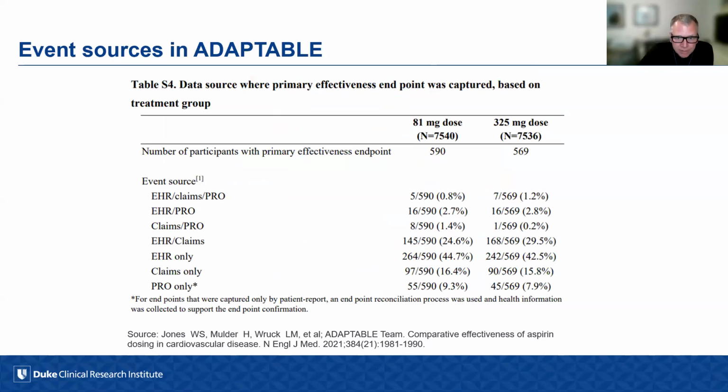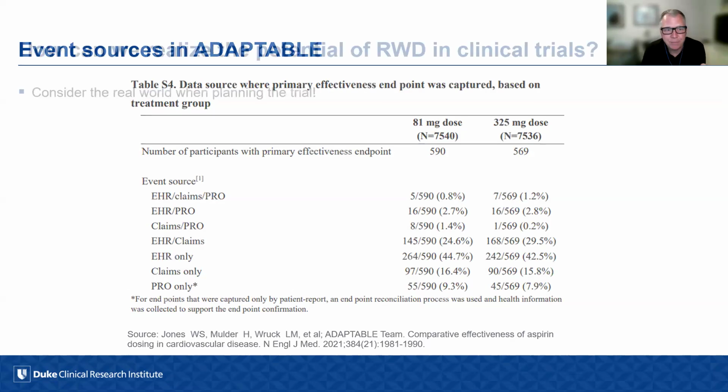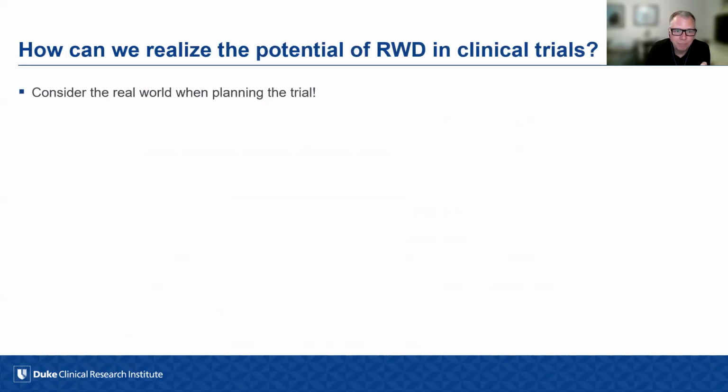There were 10-ish% that did come from the patient-reported process, which is good, but it's possible that's just higher. It's just that we weren't able to track most of those things down. So there's basically a lot of data to keep track of here. So what did we learn from ADAPTABLE?